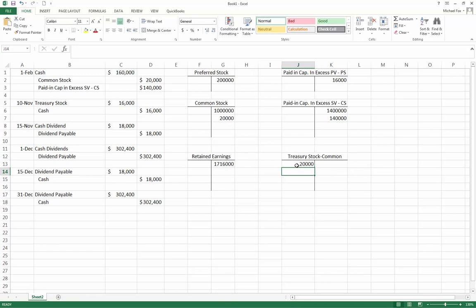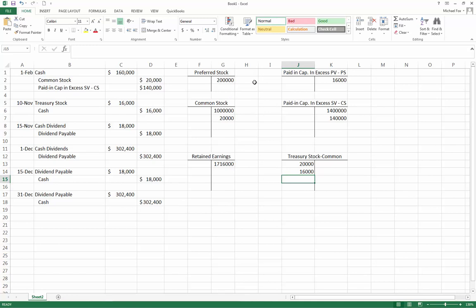Because treasury stock is a contra equity account. So there's another debit to treasury stock. Our dividends, I don't think we're required to track those here, just the things that are on our balance sheet. And so that should be it.